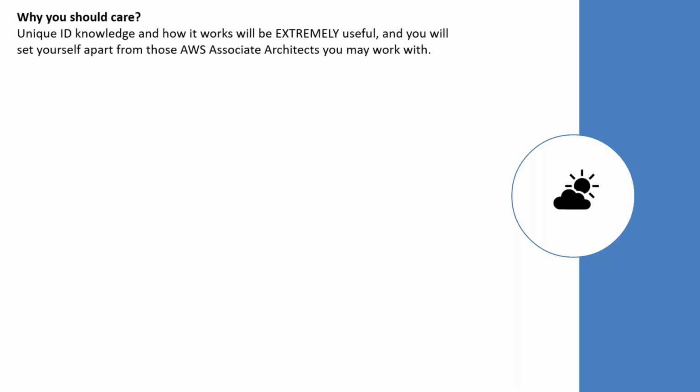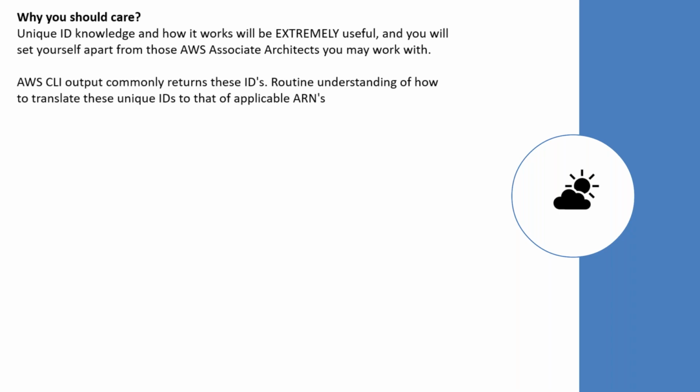So one might be thinking, okay, I can look at that hash value in my bucket policy, and then maybe go to the CLI and figure out if I can find the ARN that matches it. You would do so by calling the CLI in this method. With the CLI, you can list your users or roles, and the JQ there would differentiate if you're using list users or roles.